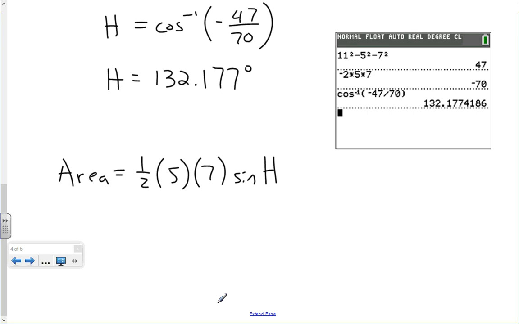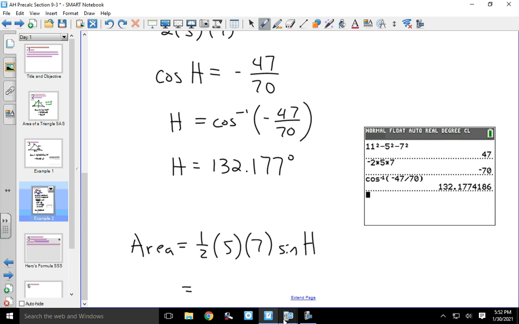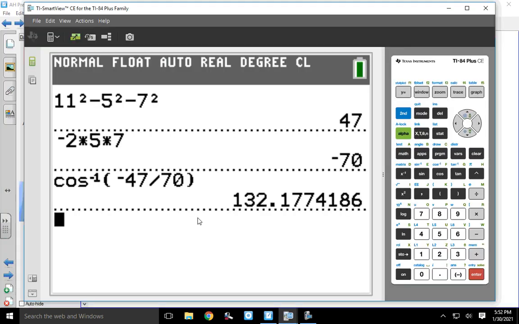Let's evaluate that. We need to grab our calculator again and have it crunch that value for us. So we've got 1/2 of 5 times 7 times the sine of that value.